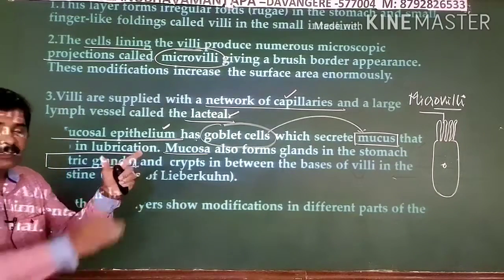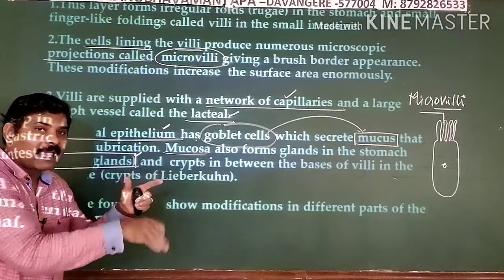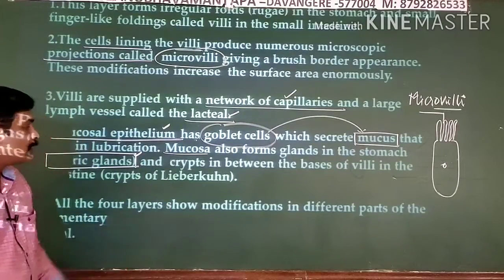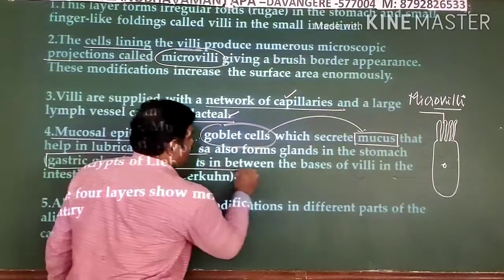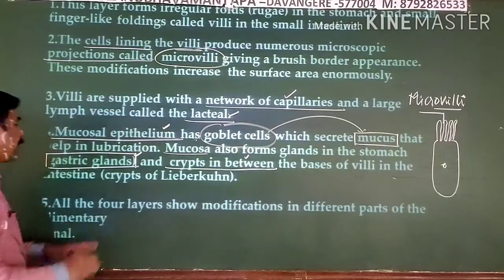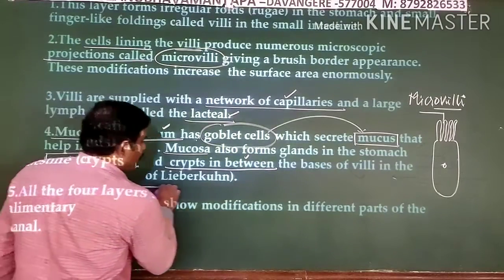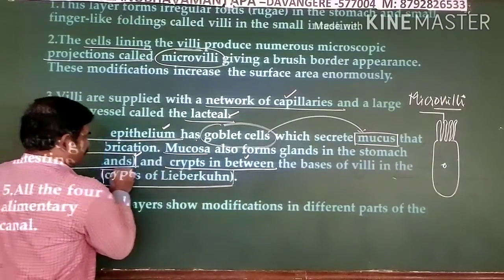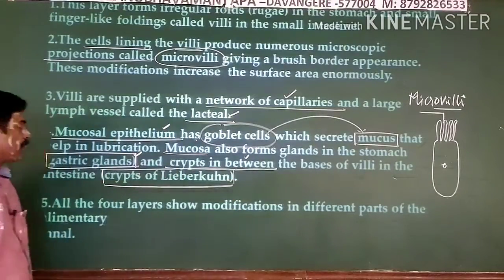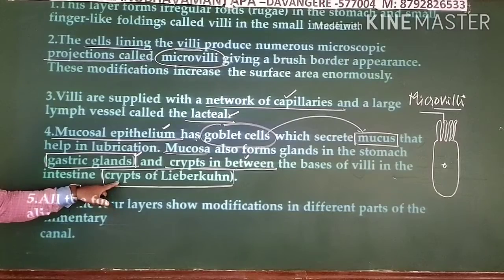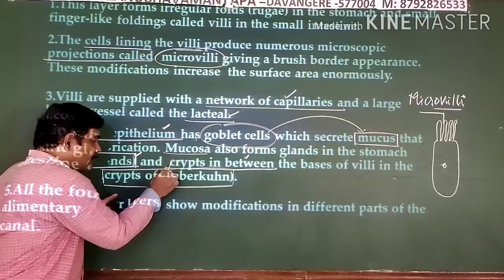Whereas in between the successive villi you can see the crypts, and in between the crypts there are certain kinds of glands which we call crypts of Lieberkühn, right? In the intestine, the crypts of Lieberkühn are present.